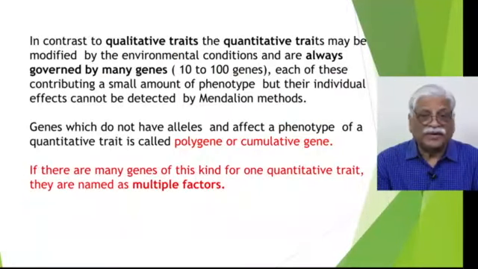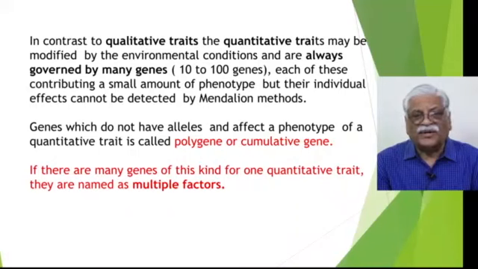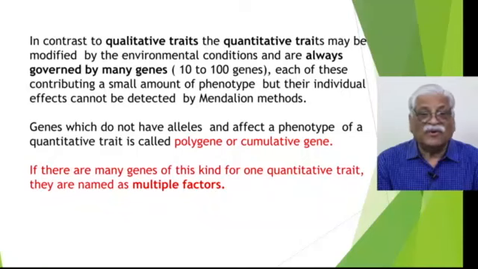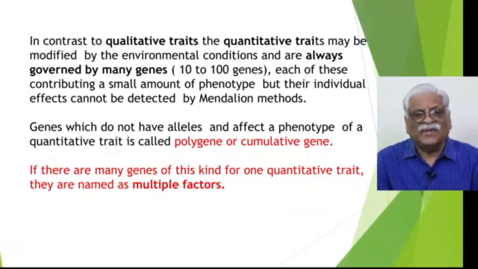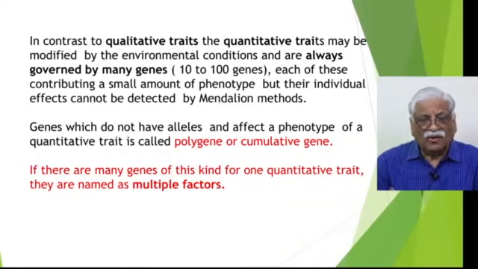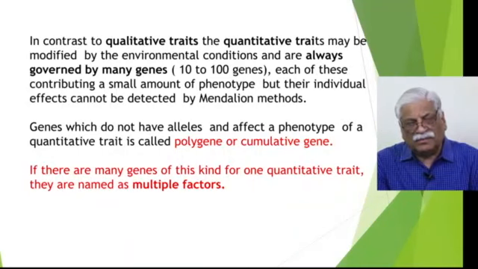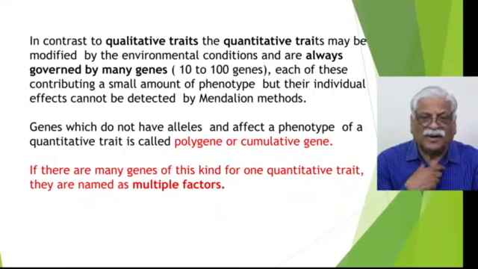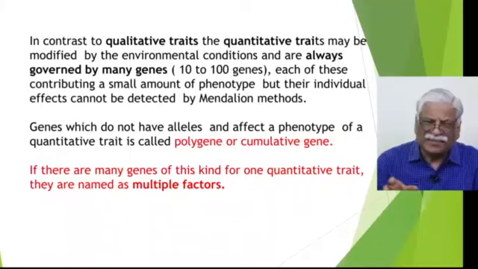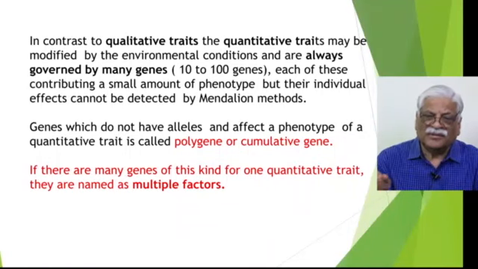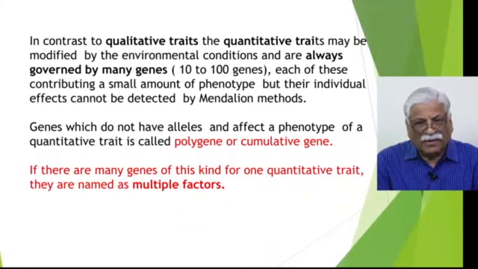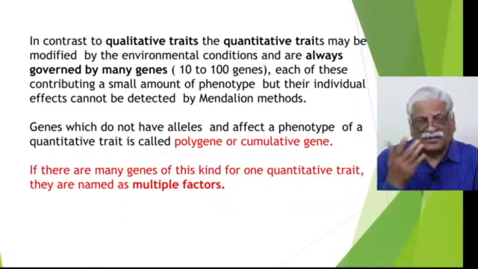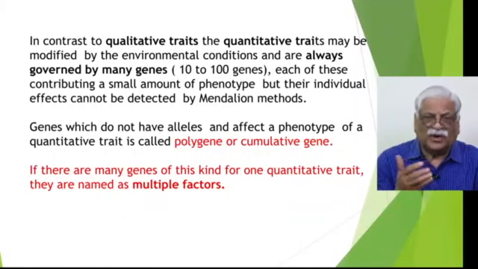In contrast to qualitative traits, quantitative traits may be modified by environmental conditions, and they are always governed by many genes, about 10 to 100 genes. A very classical example is there. Maybe hundreds of crore of years ago, the giraffe might have had a neck exactly similar to a donkey or a horse. But when the environmental conditions changed, the food was not available.